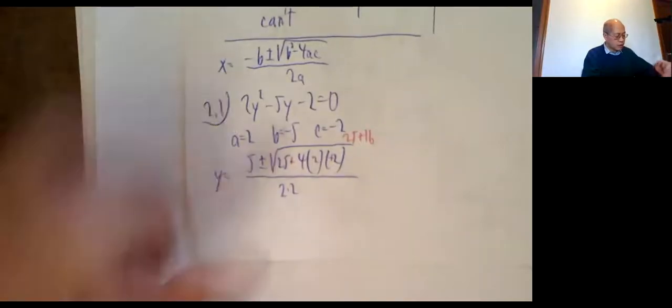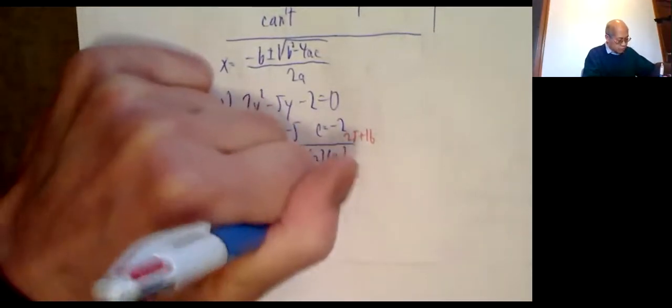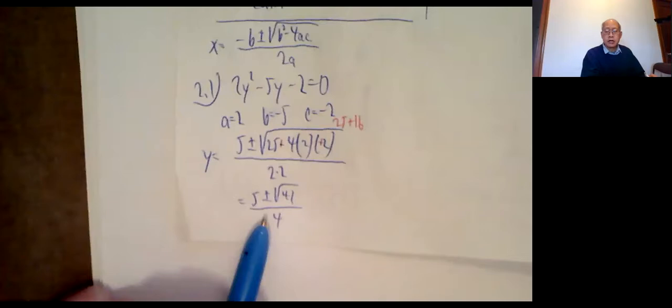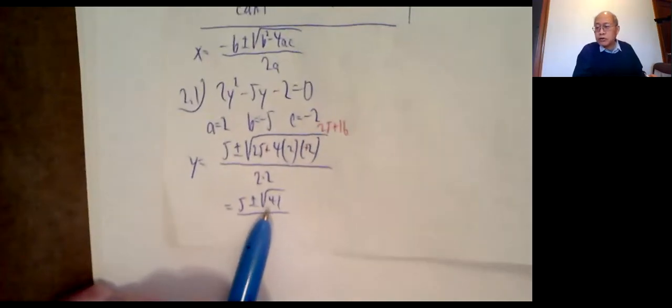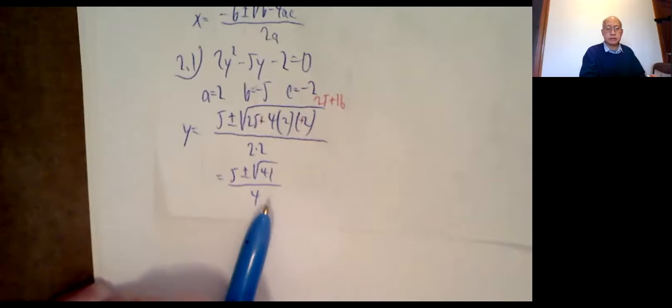So it looks like my final answer is 5 plus or minus radical 41 all over 4. And you can leave it like that. If you can break down the square root of 41, you should, but you can't break that down, right? So just leave it alone.